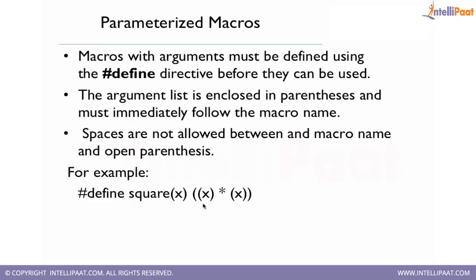It's like a small function, also called an inline function, where we don't have to define a function in our program. It's a macro which can perform small operations like calculating a square, adding two numbers, or doing some arithmetic operation.